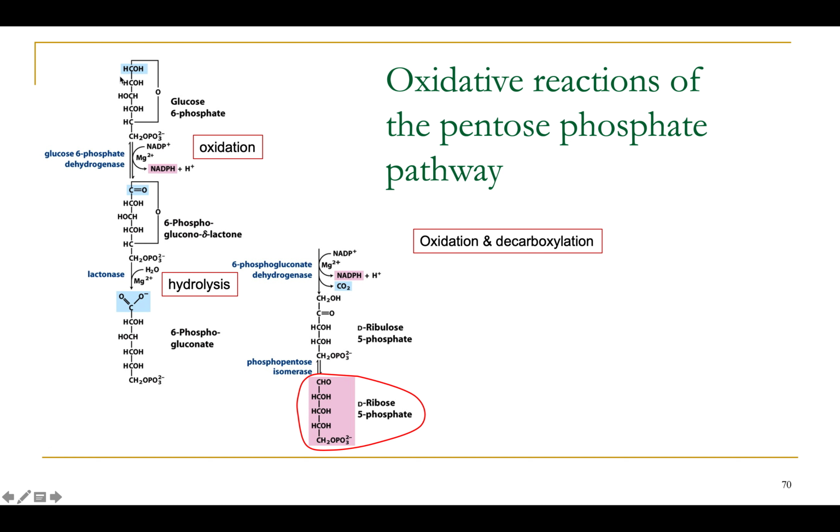Essentially, the anomeric carbon of glucose 6-phosphate is oxidized, giving this lactone molecule, 6-phosphoglucono-gamma-lactone.